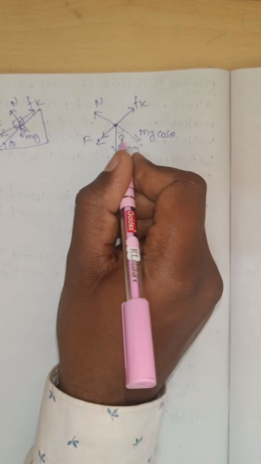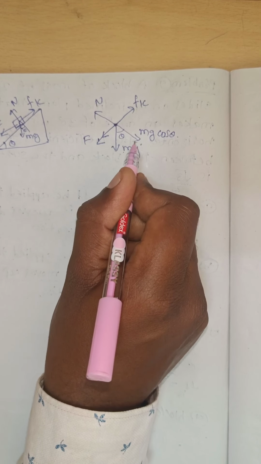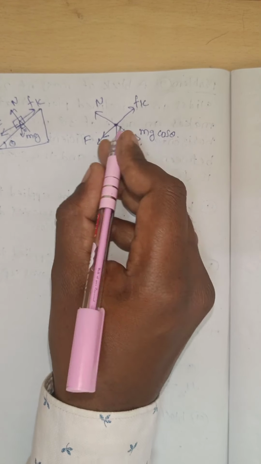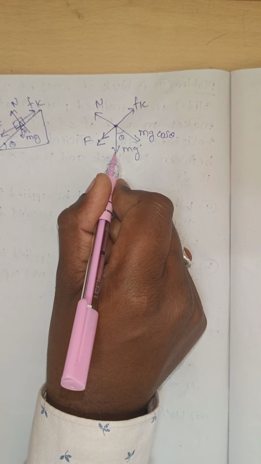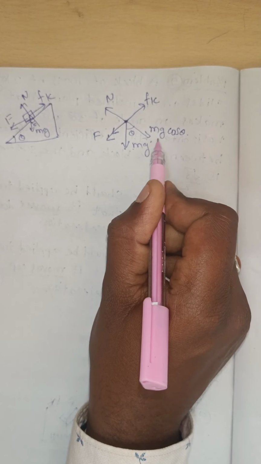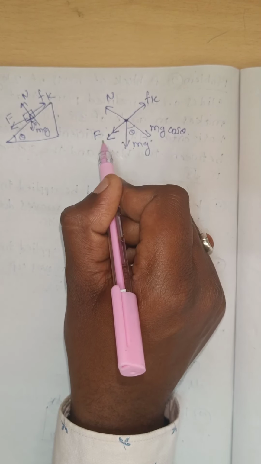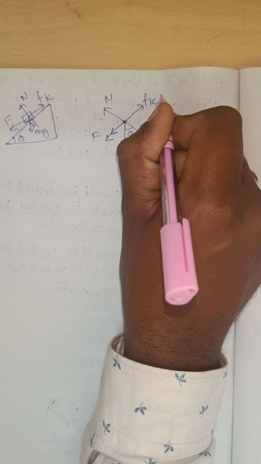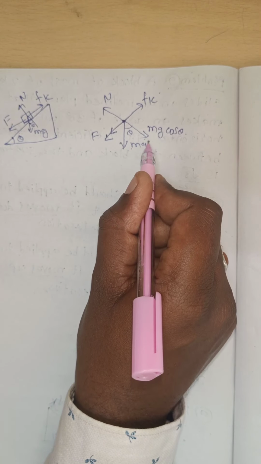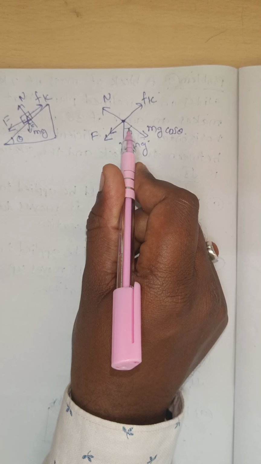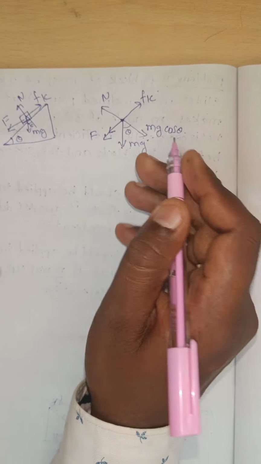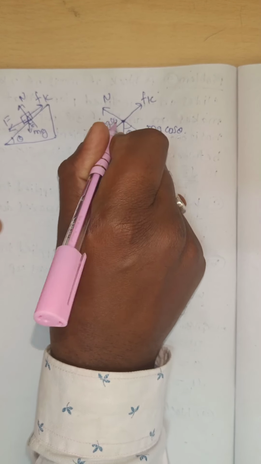Now this is the opposite side to theta. We have to resolve the mg force along this direction and along this direction, treating this as the x-axis and this as the y-axis. Resolving the mg force along the y-axis gives mg cos theta, and along the x-axis gives mg sin theta.